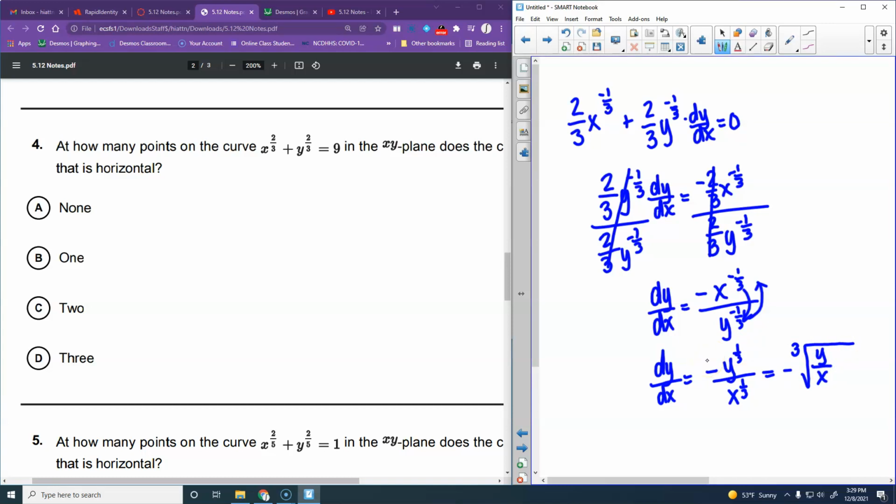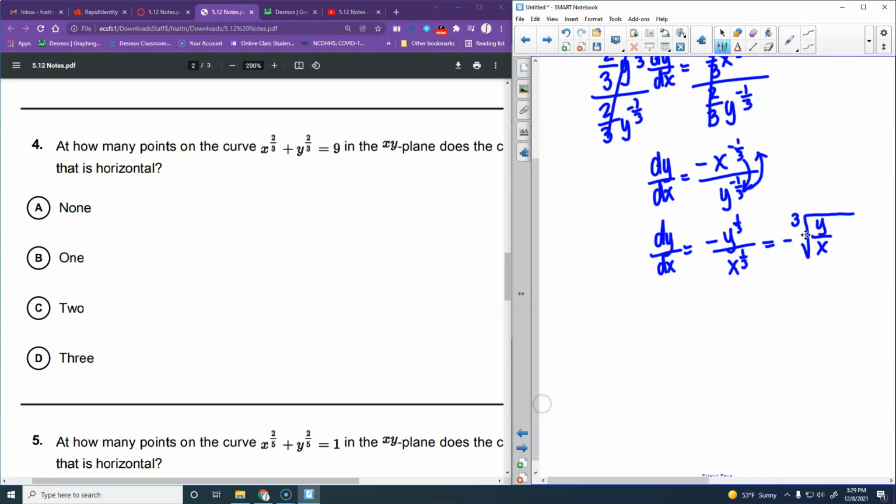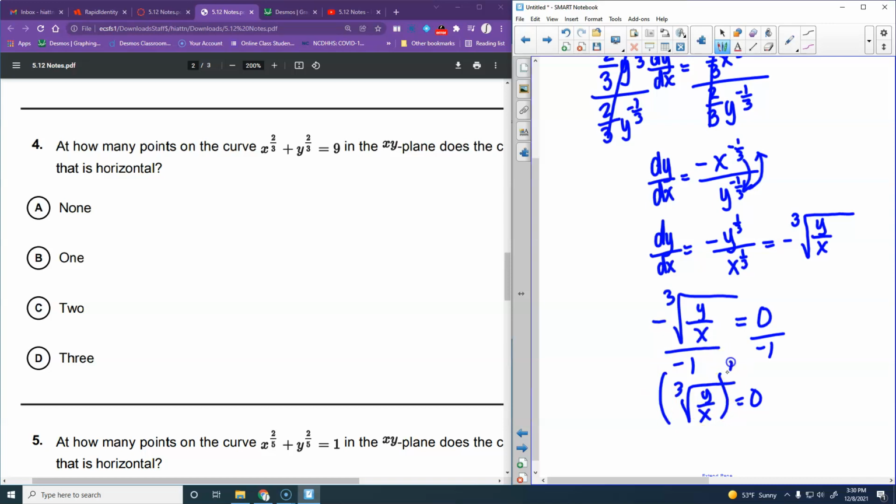So we want to know where this tangent is horizontal. So if that's what we're looking for, we're going to take this derivative, negative cube root of y over x, and we want to see where that equals 0. So we would divide both sides by negative 1 to get rid of that negative. We could raise both sides to the 1/3 power to get rid of the cube.